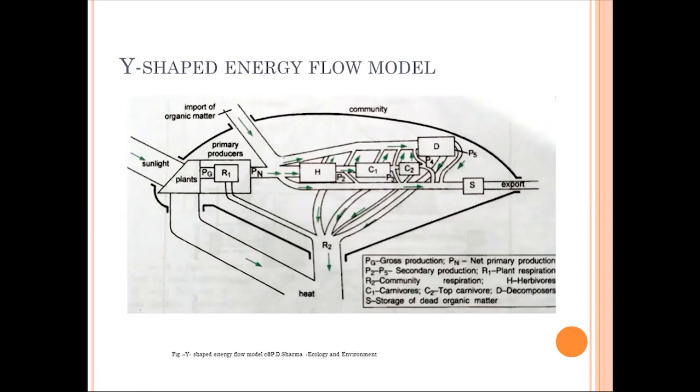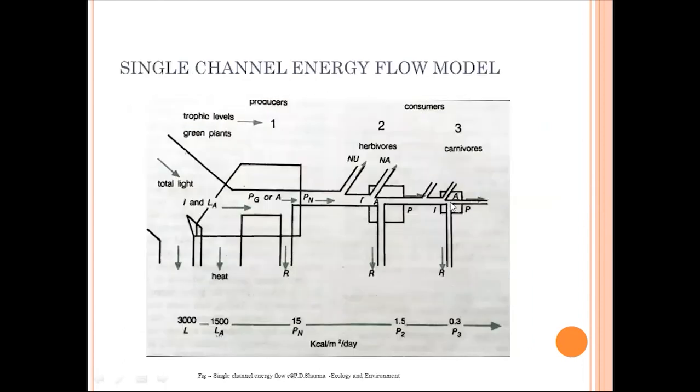The waste that comes from the grazing food chain can be acted upon by the detritivores or the decomposers that are present in the environment. So it also takes into consideration the storage, export, and import of organic matter. Here, it was not as such included in the single channel energy flow model.